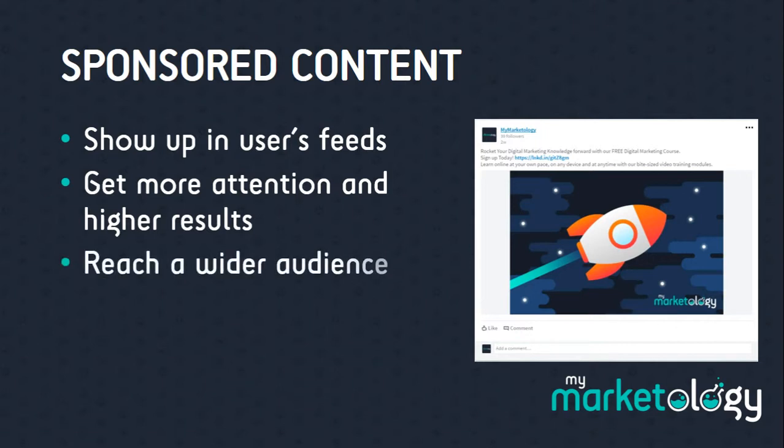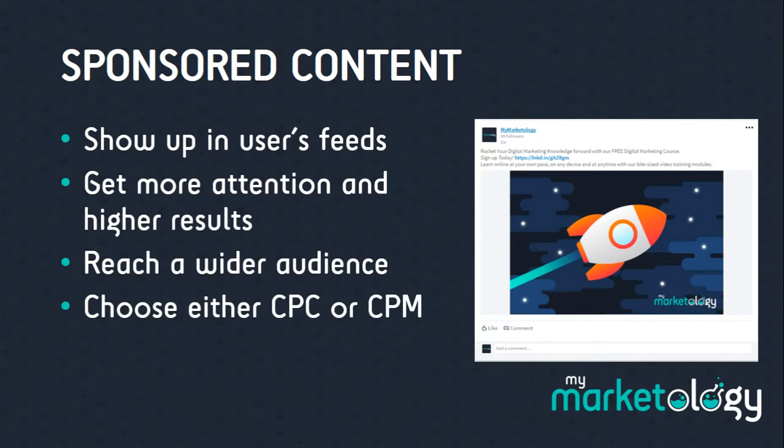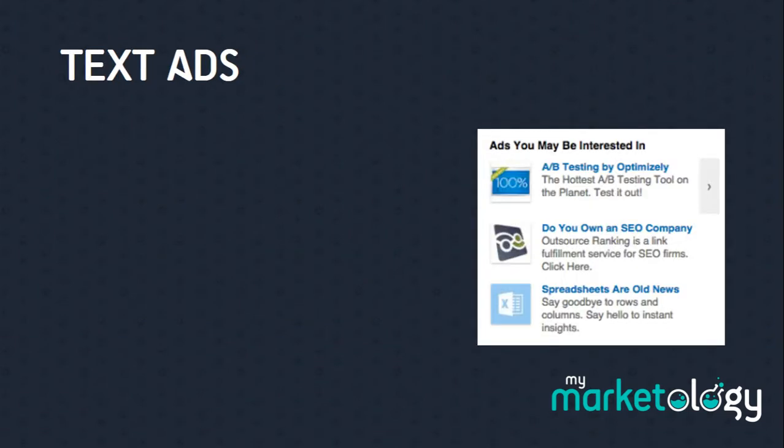Sponsored content ads allow you to reach a wider audience on multiple devices and out of your circle of followers. They're a great option for creating brand awareness. You also have the option to choose either cost per click, CPC, or cost per 1,000 impressions, CPM, for sponsored content ads.